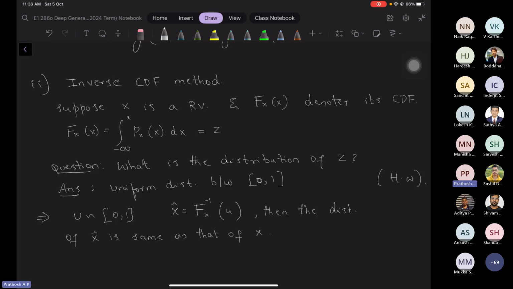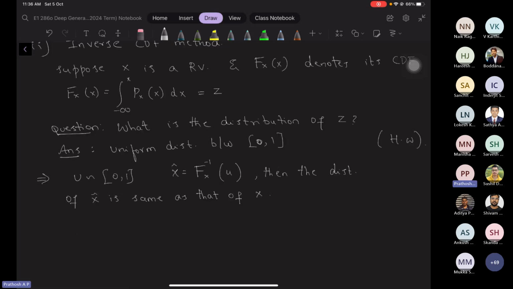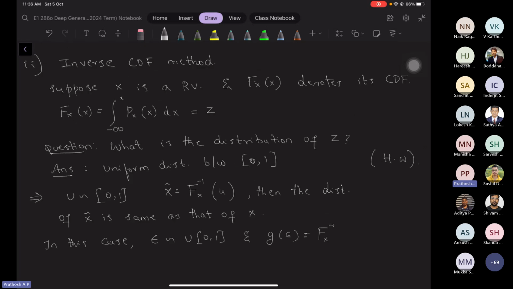You see that? So in this case, epsilon is uniform(0,1), and the G function is the inverse of the CDF. So this is another reparameterization technique, called the inverse CDF method.